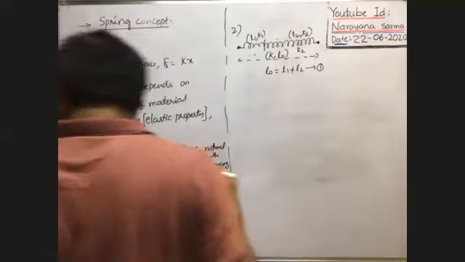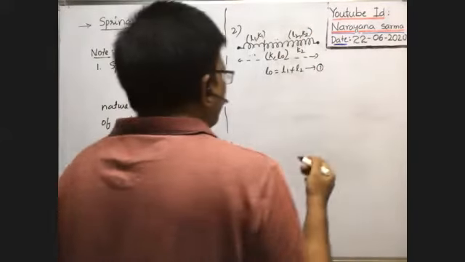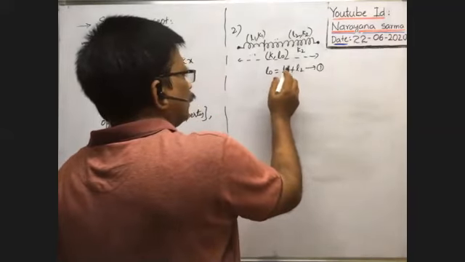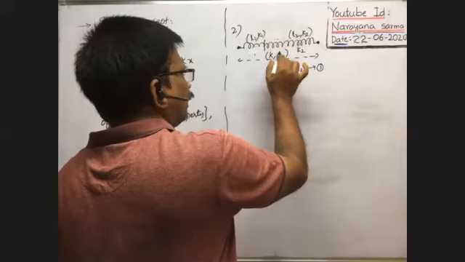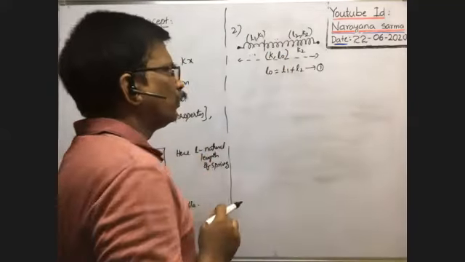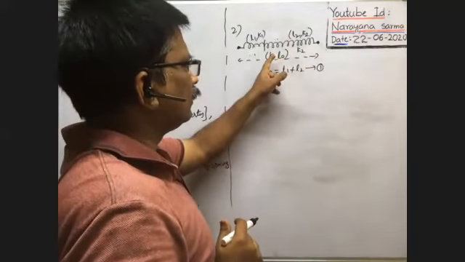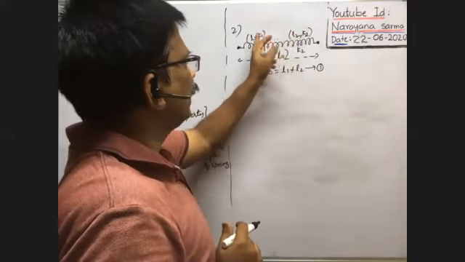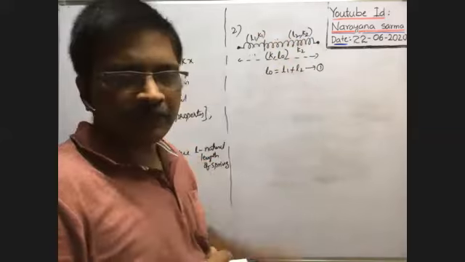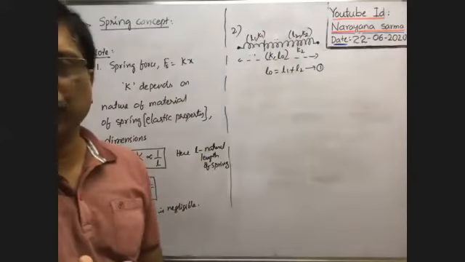What about K1 and K2? We are given only L0, L1, L2 and the K value. We have to find K1 and K2.